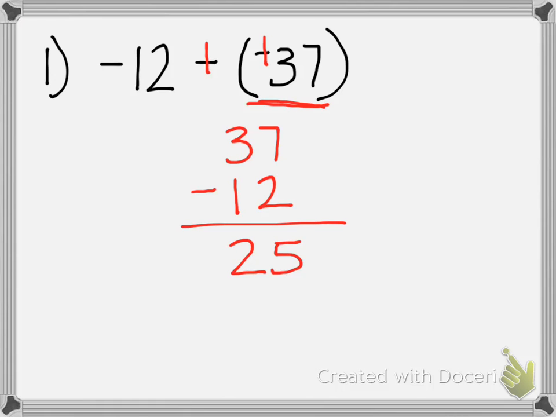Then again, you have to look back up to the 37 and say we have more positive, so our answer is going to be positive. So circle your answer.